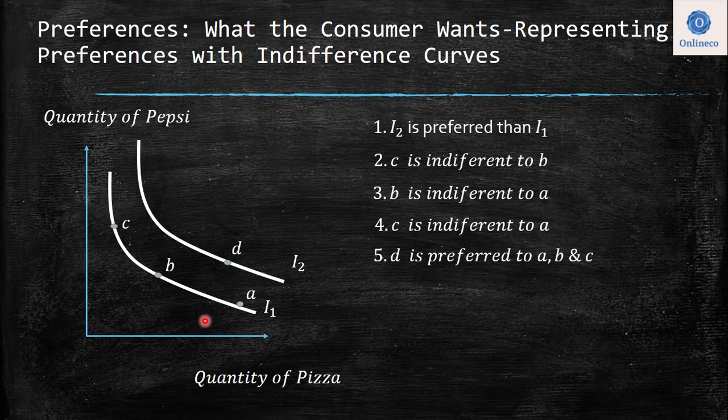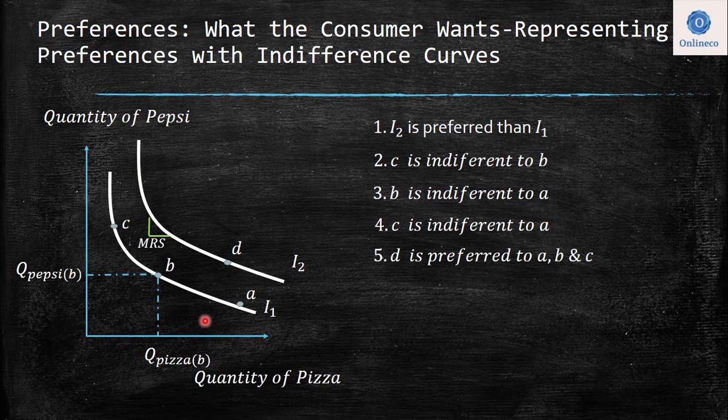What about D? Naturally, D is preferred to A, B, and C. Why? Because D is located on indifference curve 2, and indifference curve 2 is preferred to indifference curve 1. So this represents quantity of pizza B, whatever, and quantity of Pepsi B, any quantity. And this is the slope.